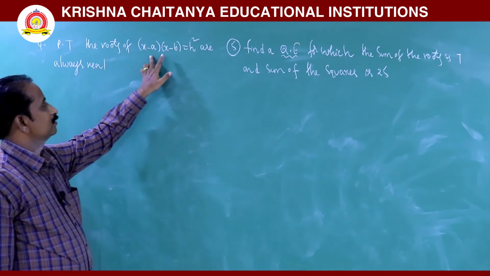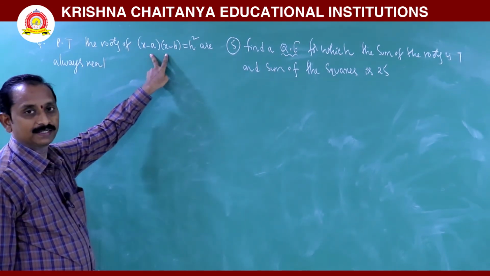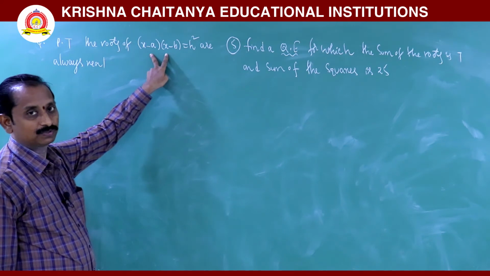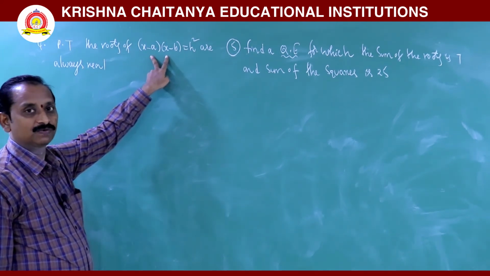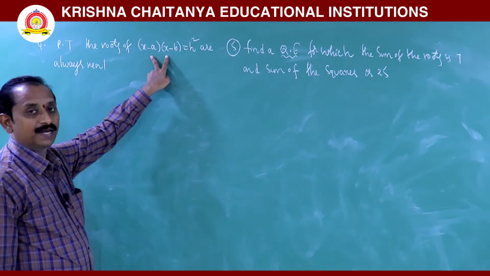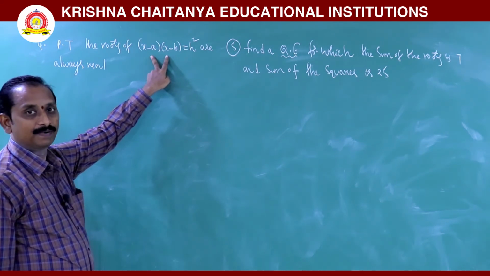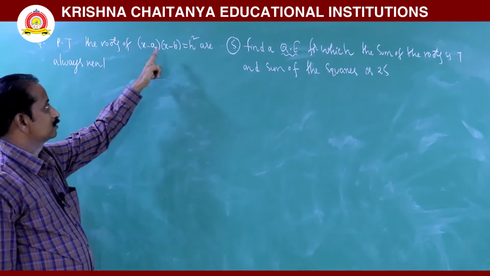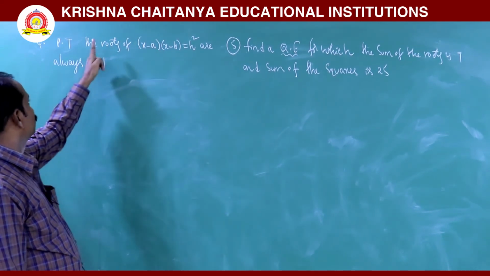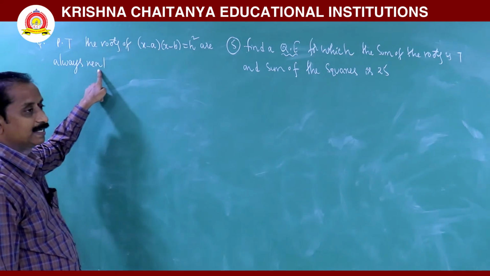We know that after multiplication the degree should be 2, so it is a quadratic. Quadratic means there exist only 2 roots. The nature of the roots depends upon delta. So we prove that this quadratic equation's roots are always real.